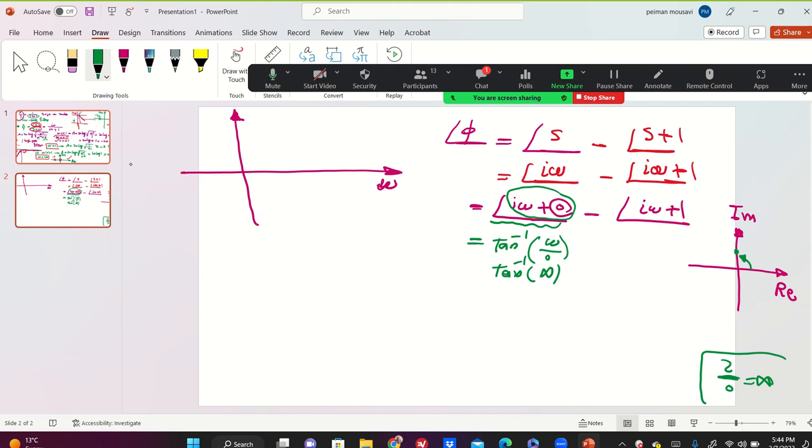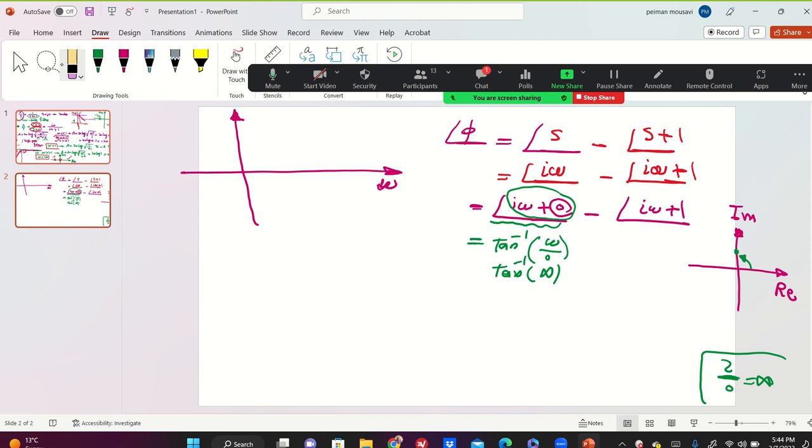Guys, which angle gives you infinity? Which angle tangent gives you infinity? Do you remember the unit circle? Yes. Side here is cosine. Exactly.